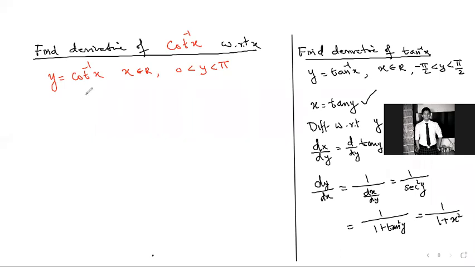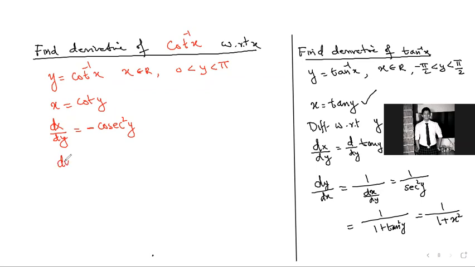Can you speak out? Yes, sir. x equal to cot y. Then dx by dy is equal to minus cosec square y. Derivative of cot y is minus cosec square, no? Yes, sir.